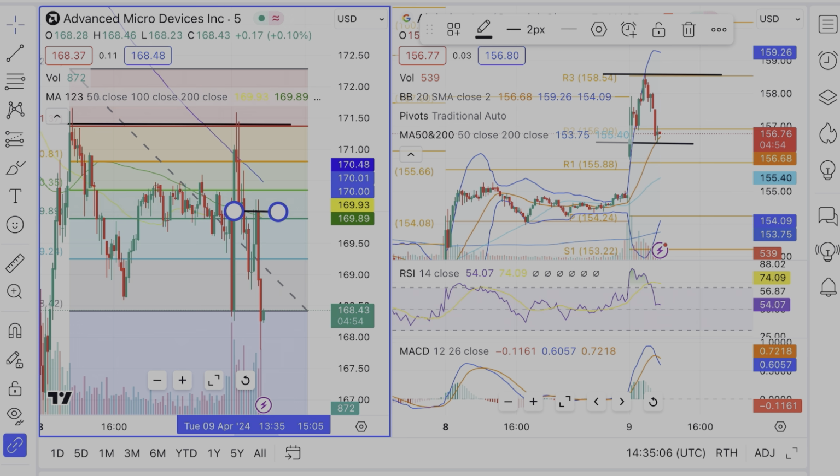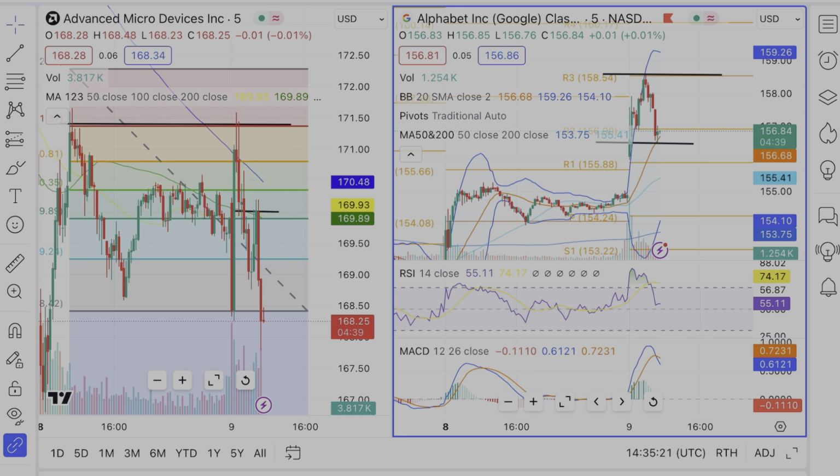So yeah, good support and resistance on Google, and good support and resistance on AMD.